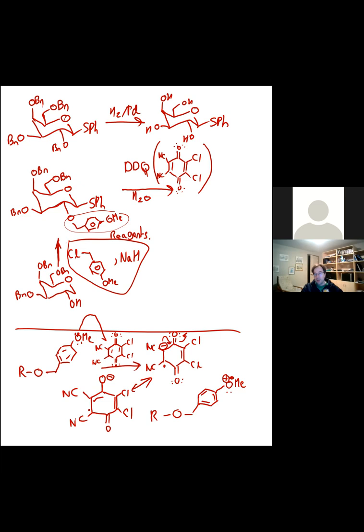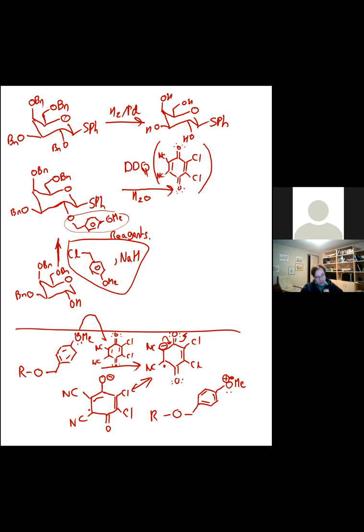It's too reactive. DDQ is this careful balance between being a good electron acceptor to do this kind of chemistry, but not being too good an electron acceptor that it does this kind of chemistry before you want it to. And it's that balance that's really, really important. It's also really important that we have this system here because we can stabilize these kinds of molecules.